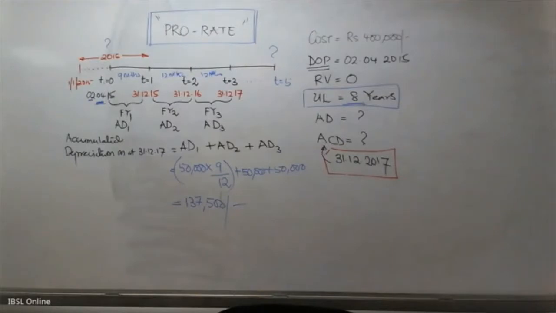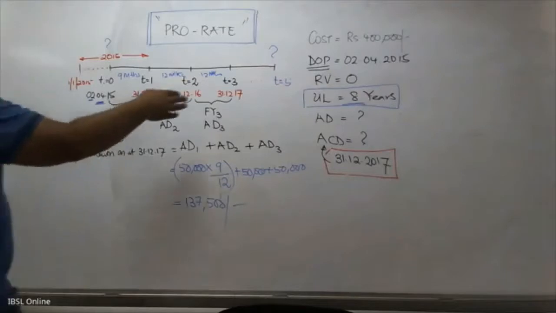Why is that? Why do you say 100,000? Because it says in the year of purchase there is full depreciation and no depreciation for the year of sale. Yeah, so now year of sale we have not come there.